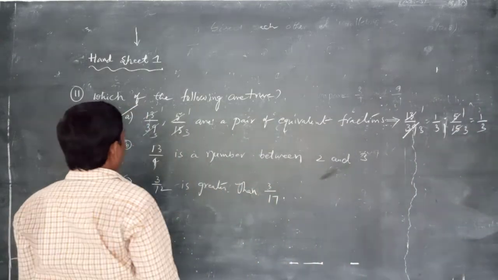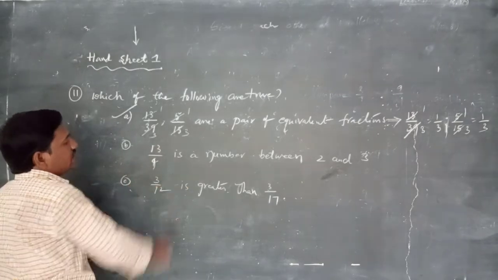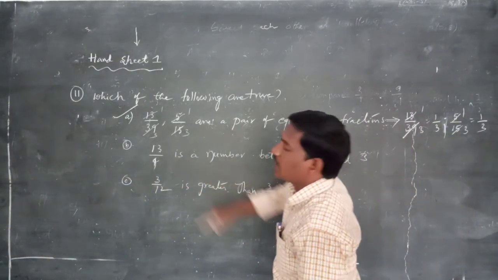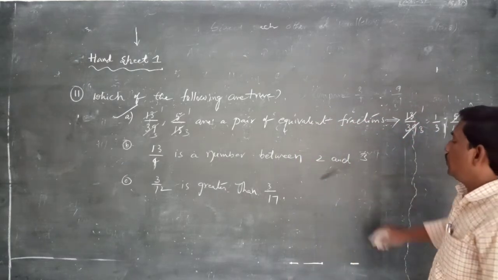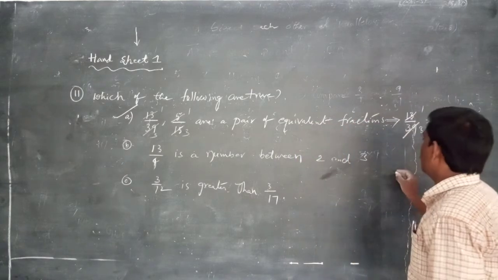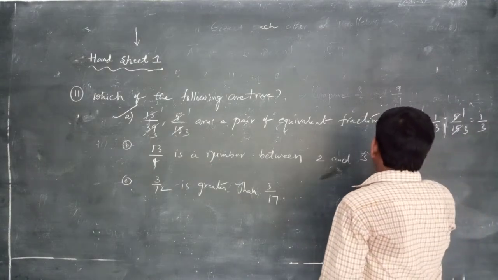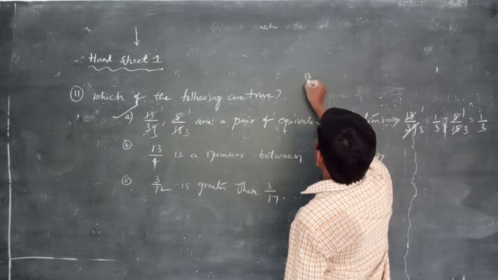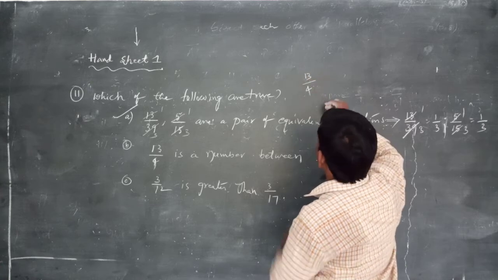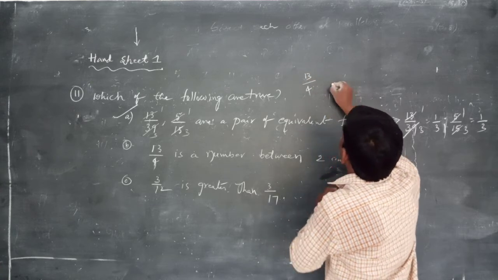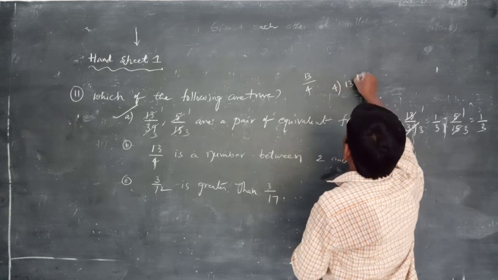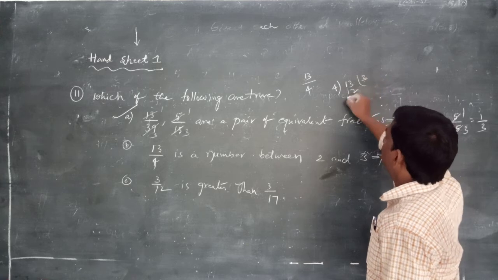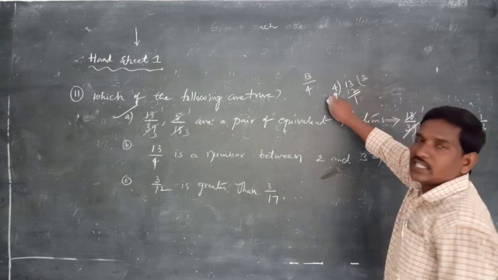A is true. Okay. 13 by 4 is a number between 2 and 3. So 13 by 4 is a rational number. For example, just do the division: 13 by 4. Take 4 as the divisor, 13 as the dividend. 4 threes are 12, remainder 1.